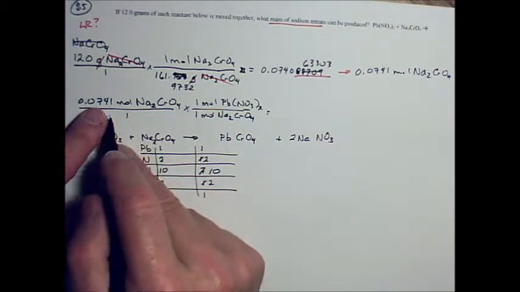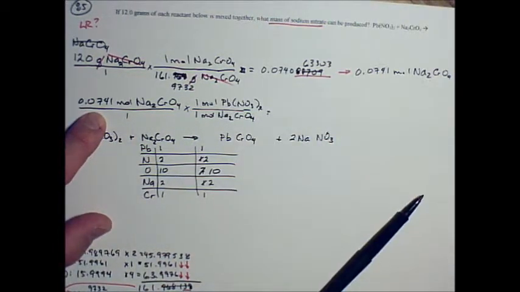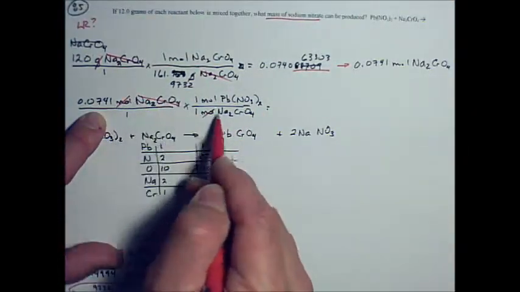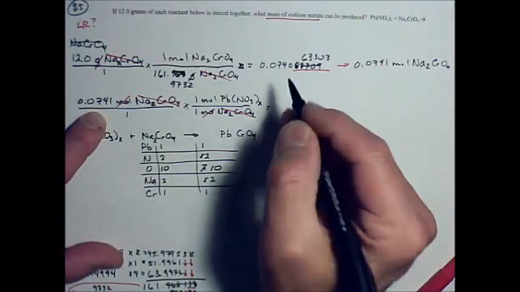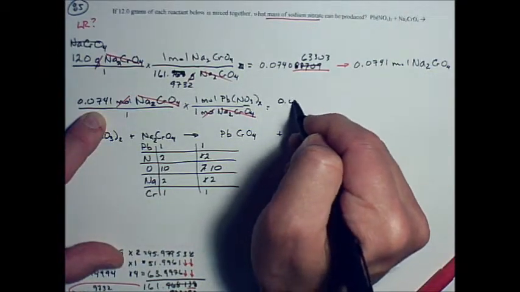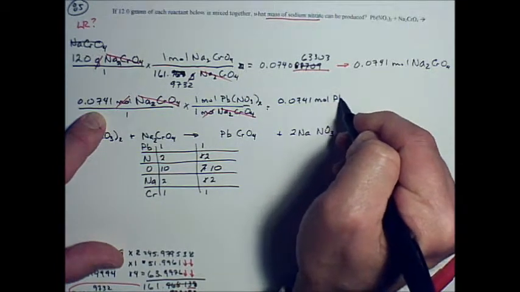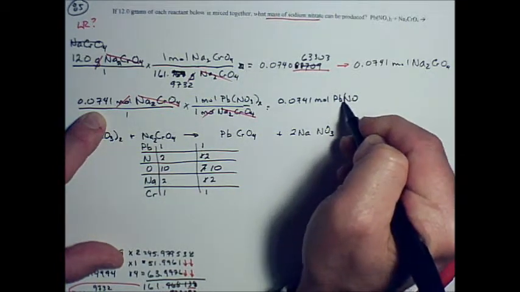That's a 1 and 1. That's going to give me the same number, but it's going to change the species. Moles cancel. Species here cancels. So the answer at this stage is 0.0741 moles of lead nitrate.